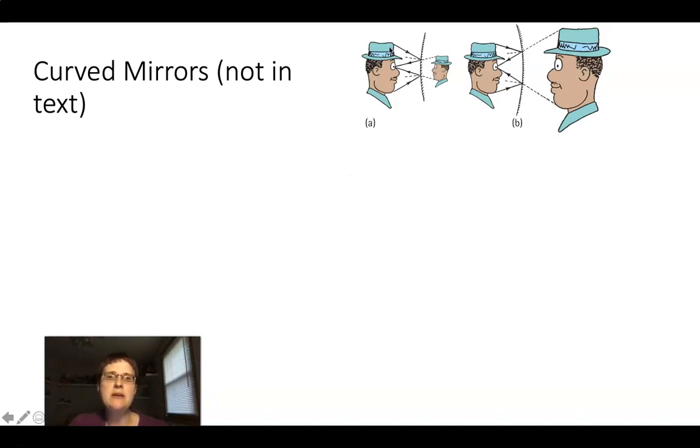So you can see up here that the arrow diagrams are going to work a little differently. They do still work via the law of reflection, but the light rays are going to converge differently because of that curved surface. So there are two types of curved mirrors.